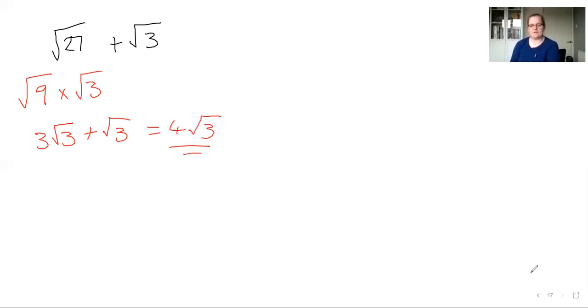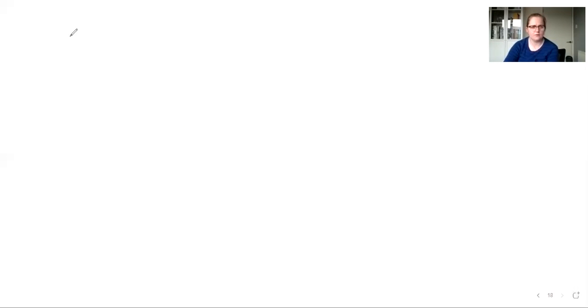And our final example, we're going to use some integers with this one. Got 2 root 5. I'm going to add root 20. So again, we're just going to look at them. Can we simplify root 5 down any further? Nope. So that's going to stay exactly the same. So we've got 2 root 5 at the beginning of our equation.